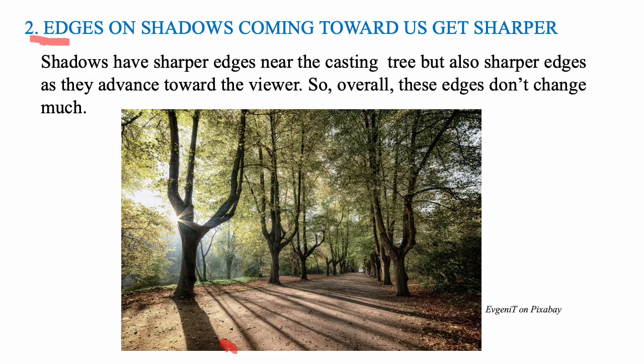But here in backlighting, we have a problem because the shadows, as I said, are sharp close to us, but they are also sharp when they're close to the casting surface, which is back here. So the result is that the sharpness of the shadow doesn't change very much with backlighting.